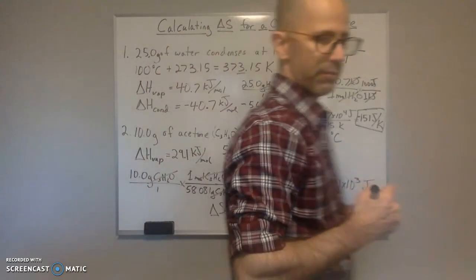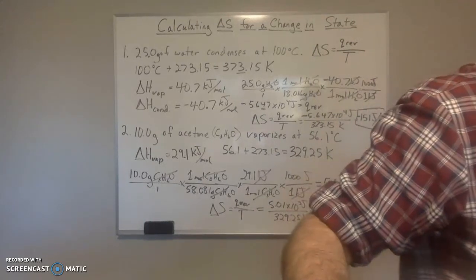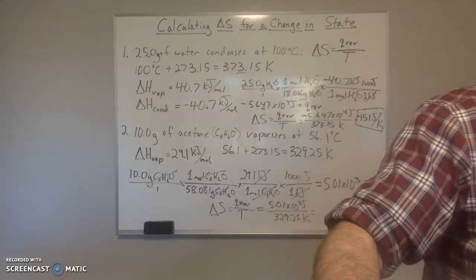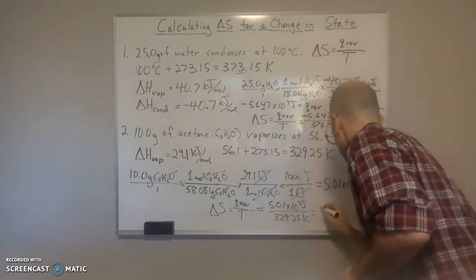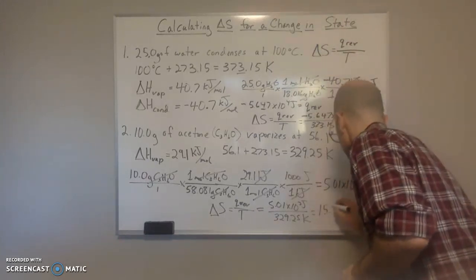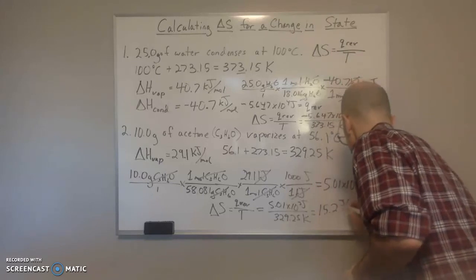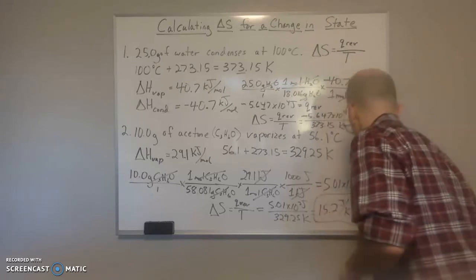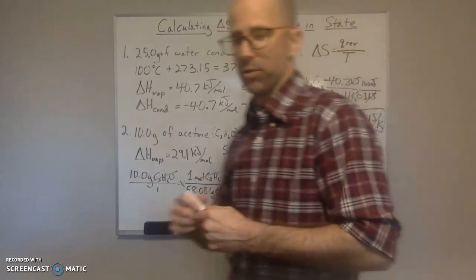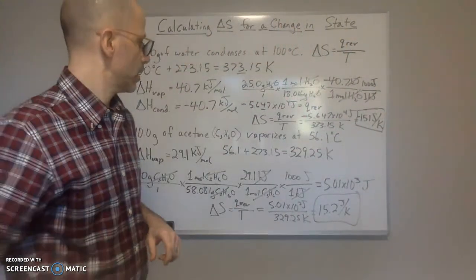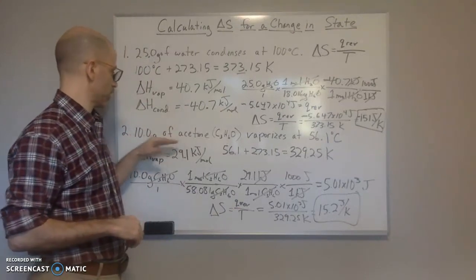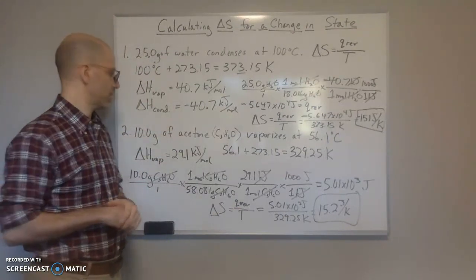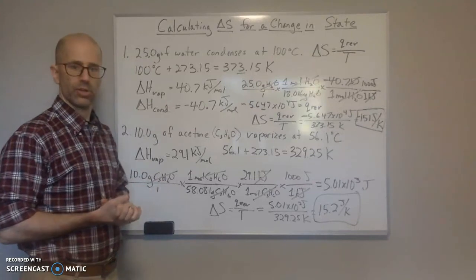And that's going to give us 15.2 joules per Kelvin. So that is the amount of entropy change during the vaporization of 10 grams of acetone.